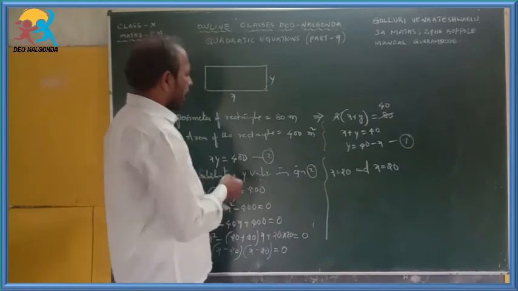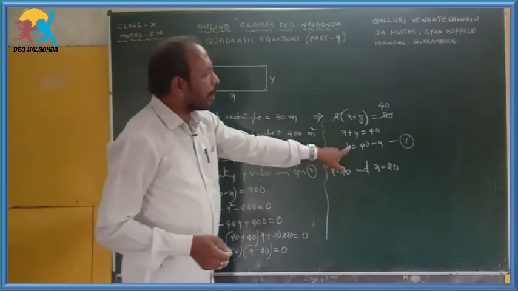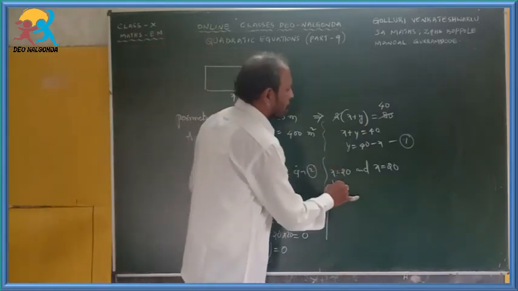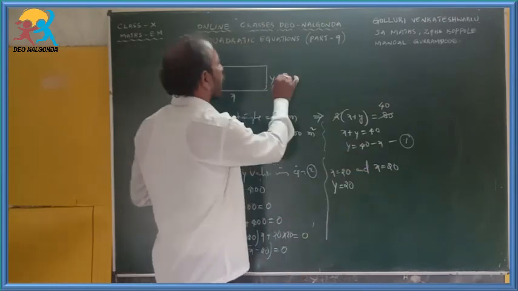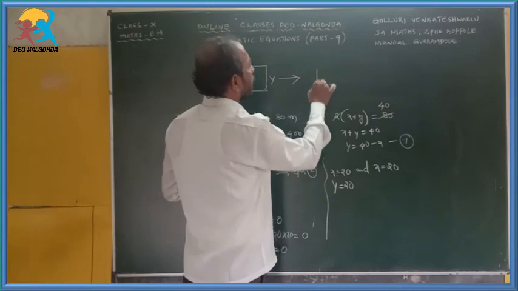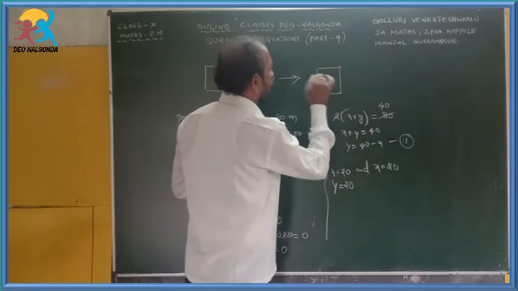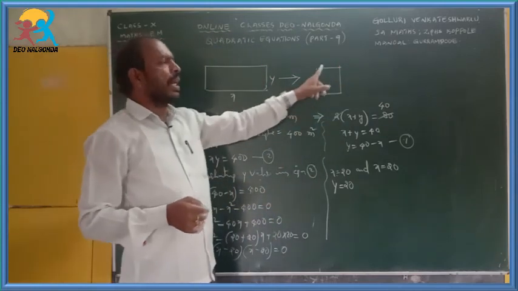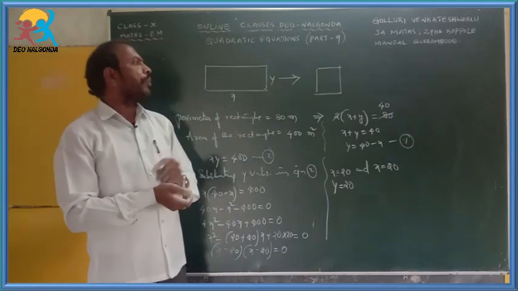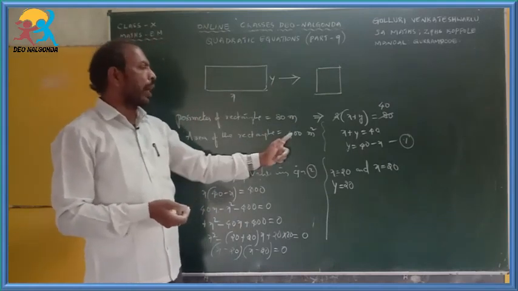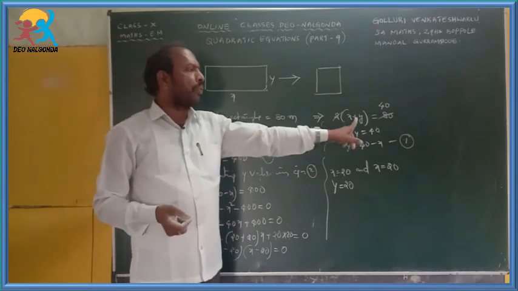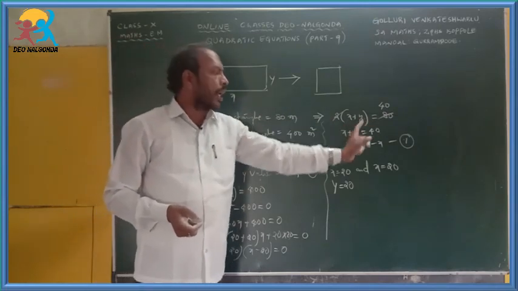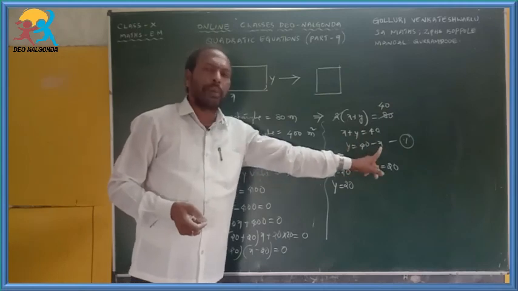So whenever length is equal to 20, breadth is equal to 40 minus 20, that is also 20. That's why this rectangle is nothing but a square. If the area of rectangle is 400 and perimeter is 80, then perimeter formula 2 times (length plus breadth) is equal to 80, x plus y equal to 40, y is equal to 40 minus x.